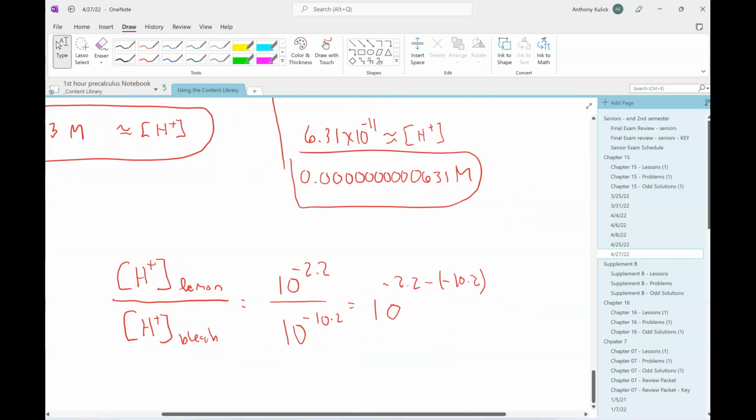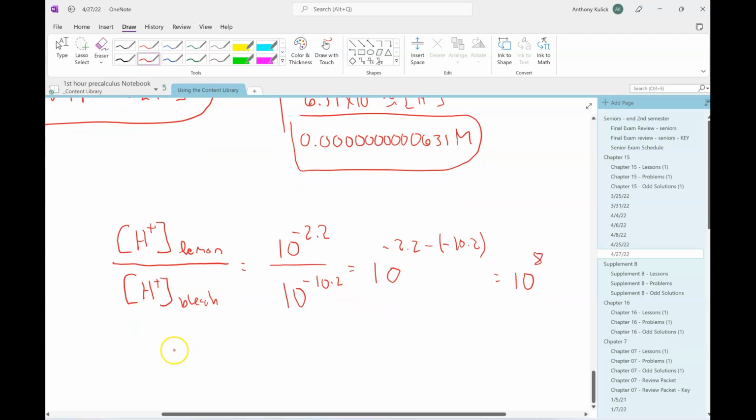Since the bases of those exponents are the same, to divide them, I can just subtract the exponents. So I get 10 to the 8th.